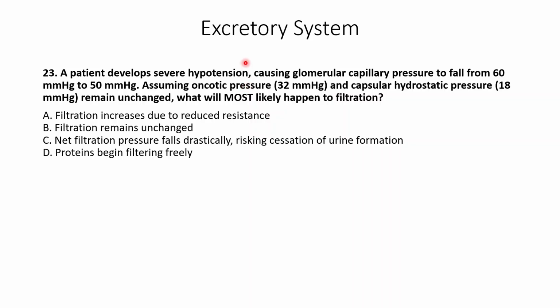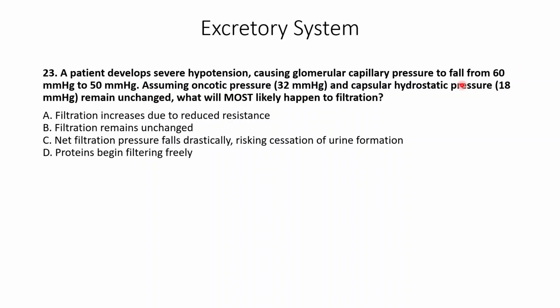And then further minus your capsular hydrostatic pressure. You're essentially subtracting the two opposing pressures. So 28 minus 18 is 10. So roughly 10 mmHg would normally be the net filtration pressure.